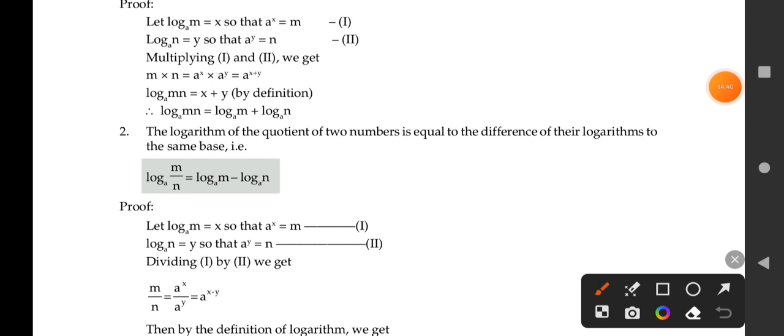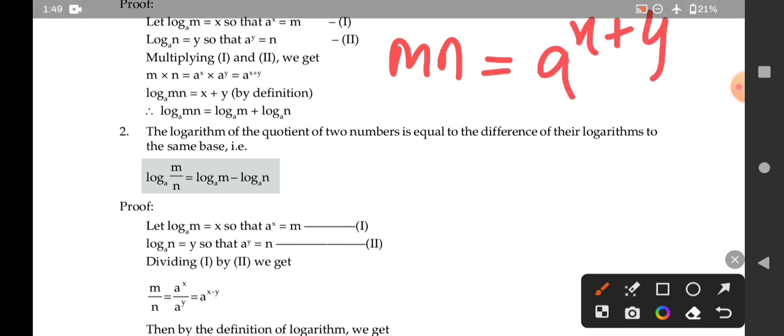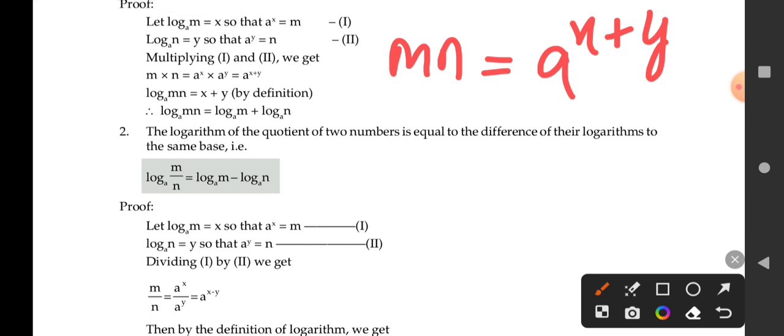For example, let me explain the last part again. What did we get? We got mn is equal to a power x plus y, right? Let me write this on the LHS and this on the right hand side.